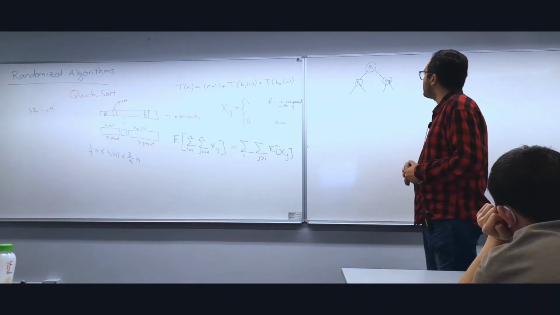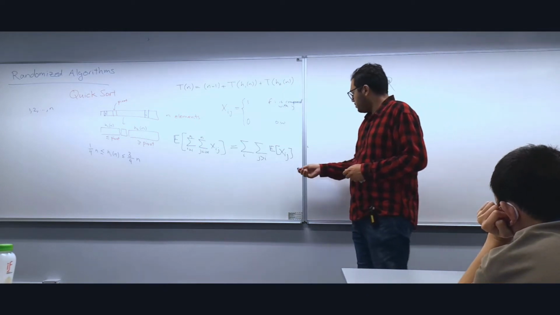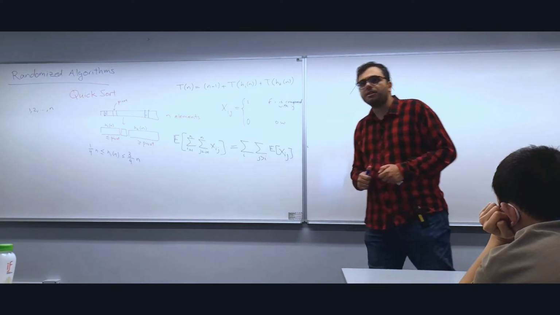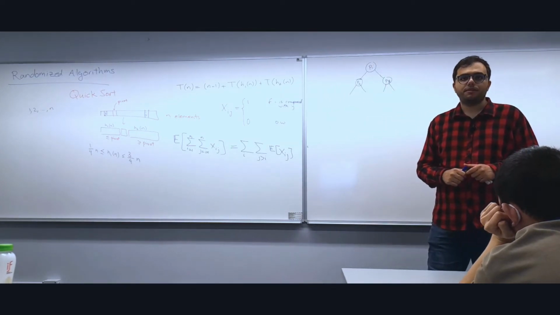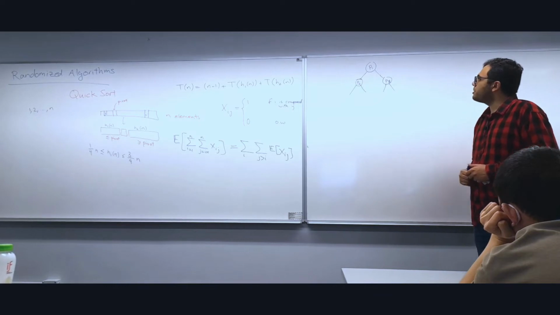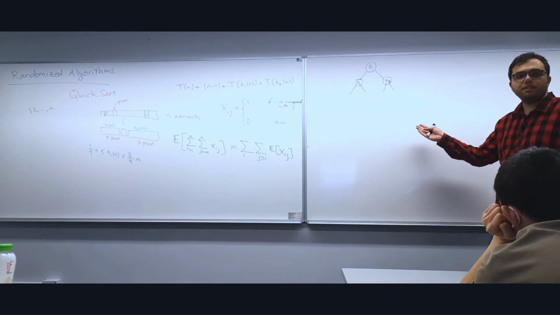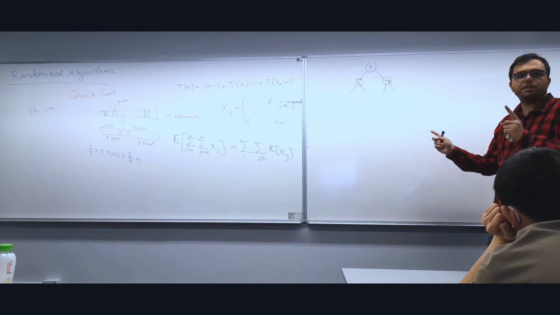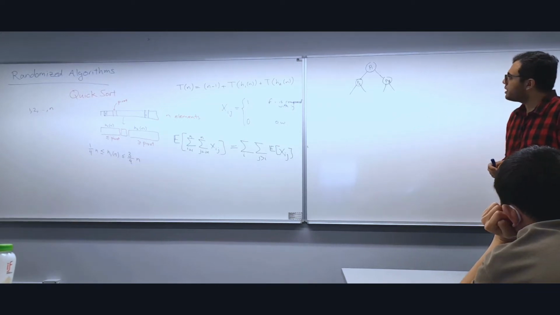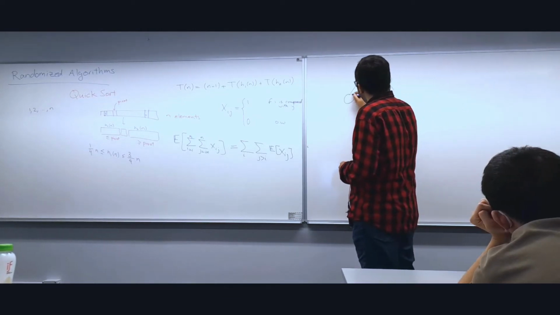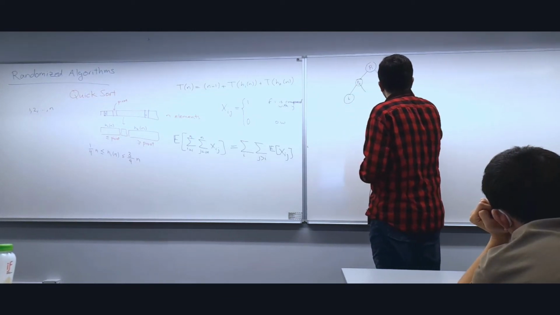But what I want to figure out is whether i and j were actually compared against each other. One way to find that out is to go into this binary search tree and find where i and j are located. Let's say I have i here, just as an example, and I have j here.